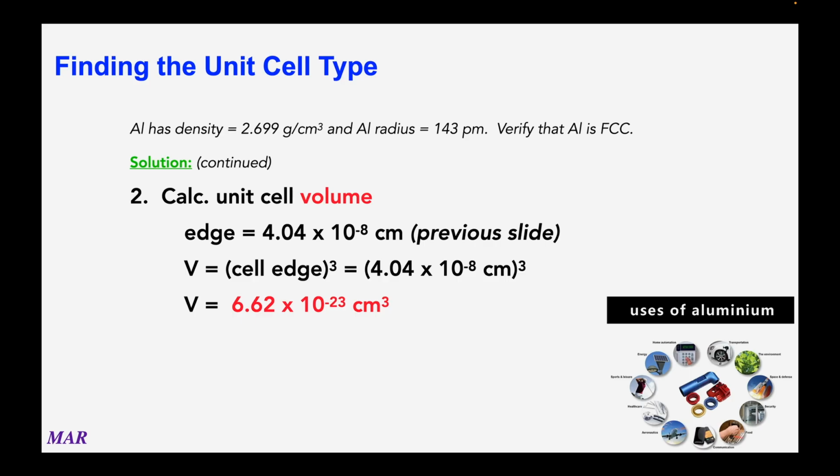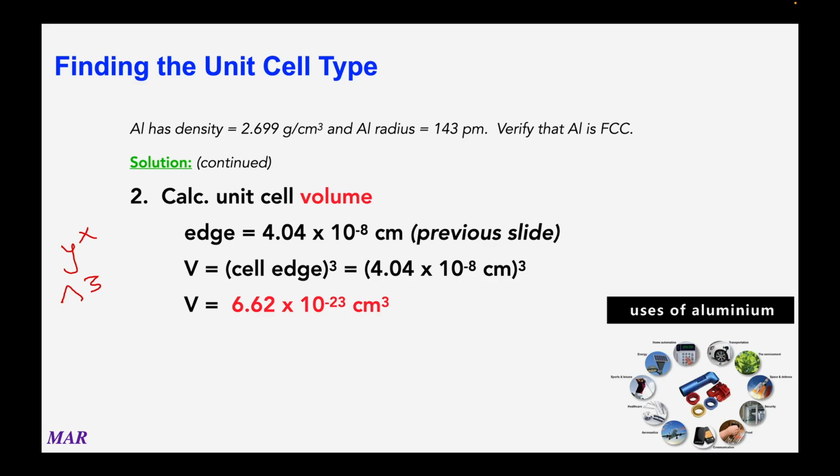You might have a y to the x button, which will allow you to do it. Also, if you have the caret, which looks like an arrow pointing up, you can go caret 3 to do that. Figure out how to do this process. It will be handy in this particular section. And if you cube 4.04 times 10 to the minus 8, you'll get 6.62 times 10 to the minus 23rd. It's a nice way to check yourself.